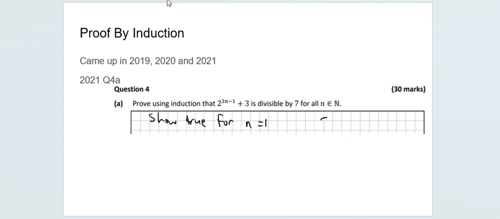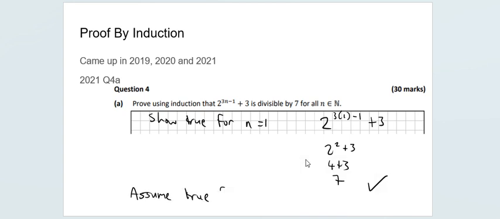So 2 to the power of 3 times 1 is 3, take away 1, and then plus 3. So that's 3 take 1 is 2. So 2 to the power of 2, sorry, plus 3. So that's 4 plus 3. So that's 7. So 7 is divisible by 1. And then you assume true for n equals k.